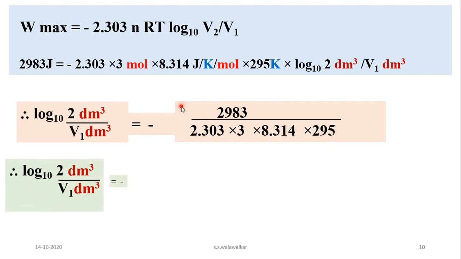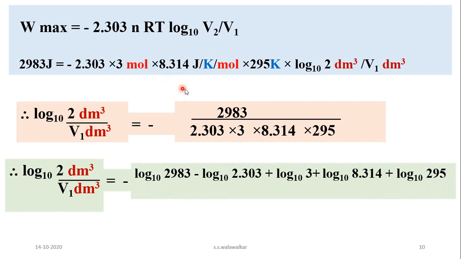That is equal to how much? We will solve this by logs, that is equal to minus, the negative sign remains as it is, minus log of 2983, divided by is there. So here log to the base 10 of 2983 minus log to the base 10 of 2.303 plus log of 3 plus log of 8.314 plus log of 295.